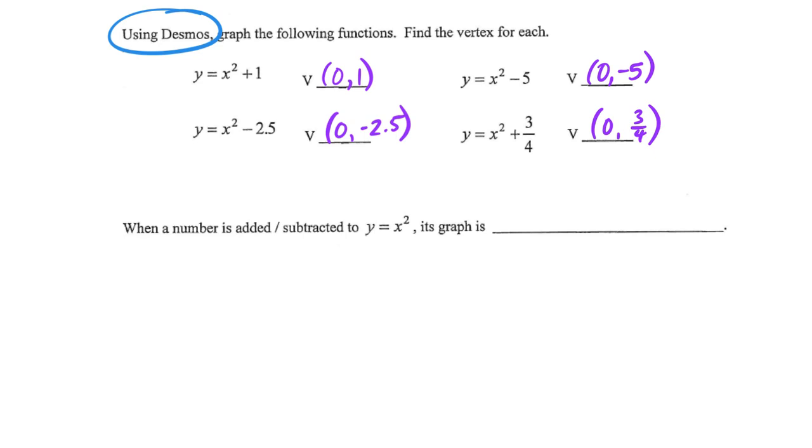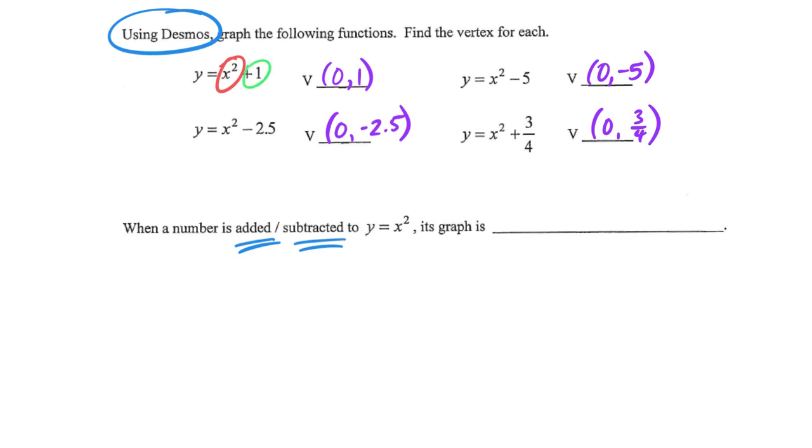Okay, I am hoping that you can see what the effect of adding or subtracting a value to x squared is. If you haven't noticed, that's what we've been doing every time. Can you look back up at the 4 equations I gave you to use on Desmos? There is my x squared.